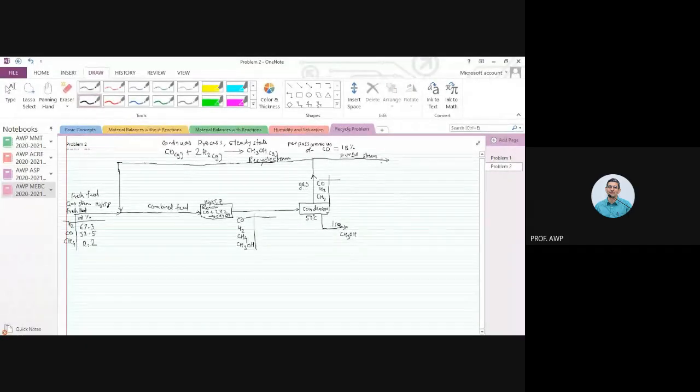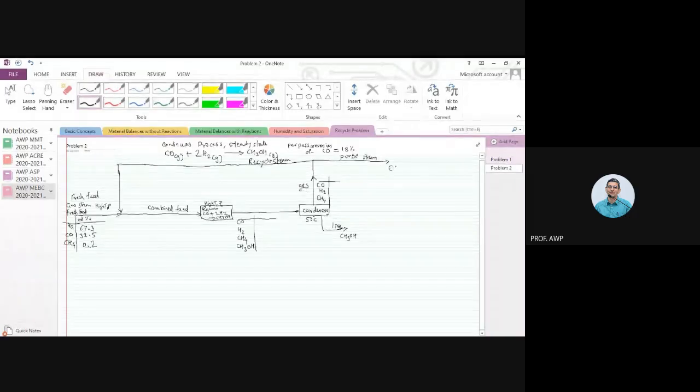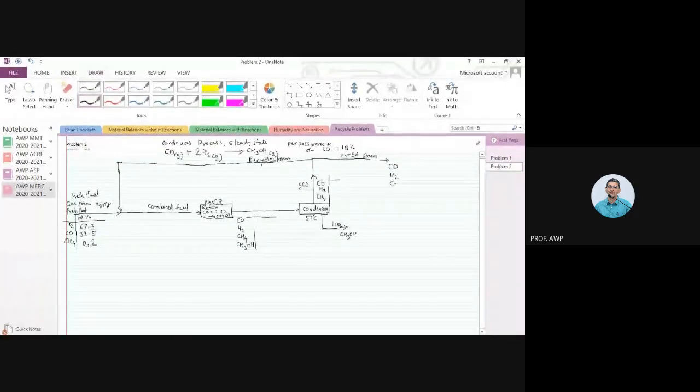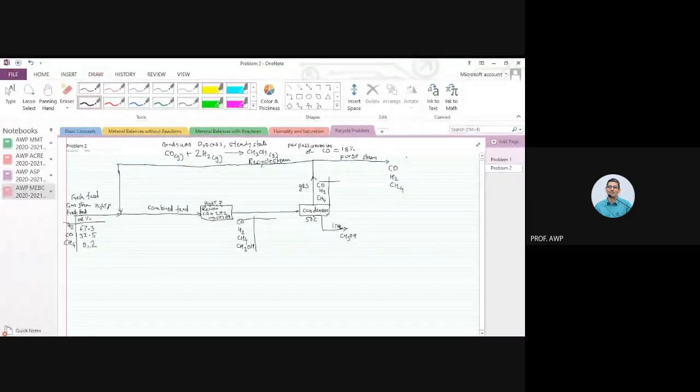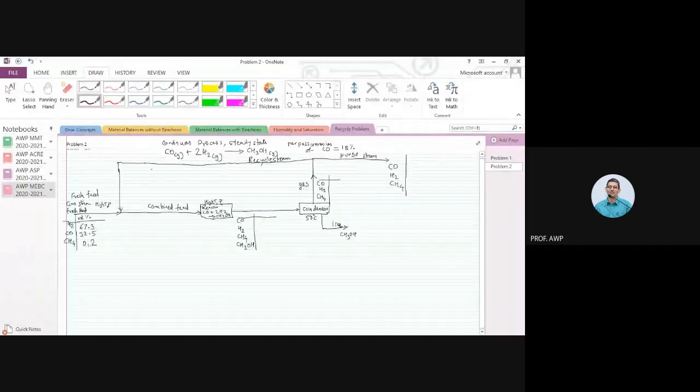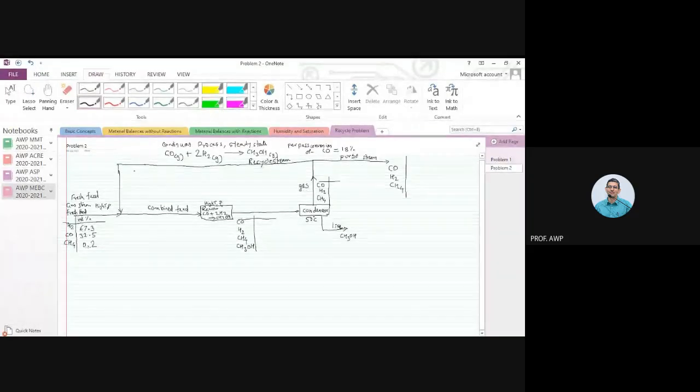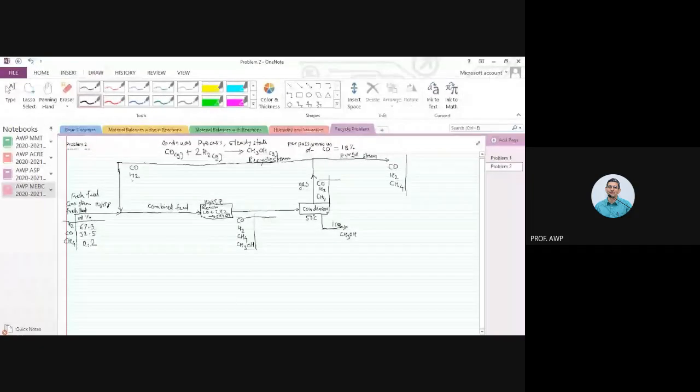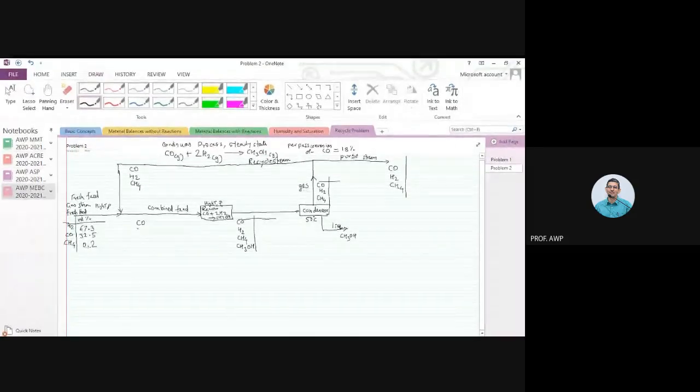So this purge stream also will have carbon monoxide, hydrogen, and methane. And the recycle stream obviously will have carbon monoxide, hydrogen, and methane. The combined feed also will have carbon monoxide, hydrogen, and methane.